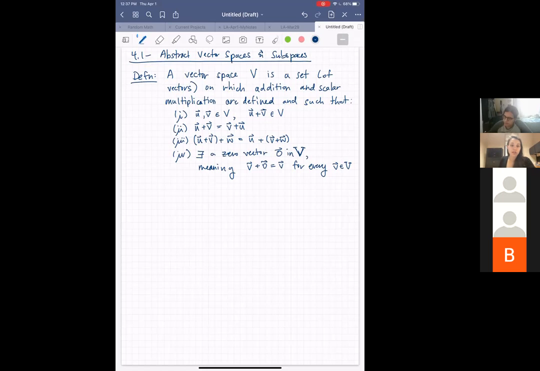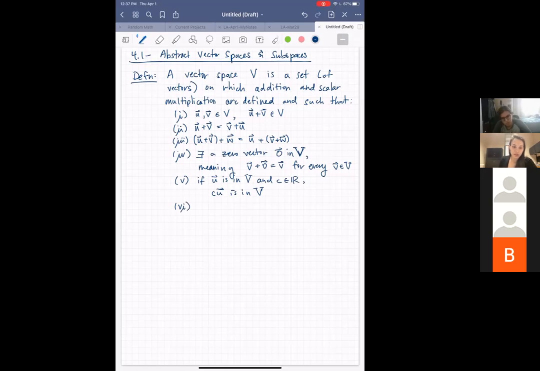And then moving on to properties having to do with scalar multiplication. If u is in V and c is just a real number, then c times u is in V. Okay.